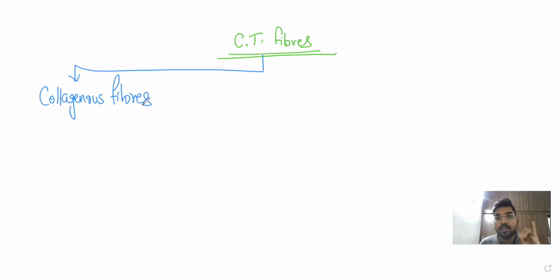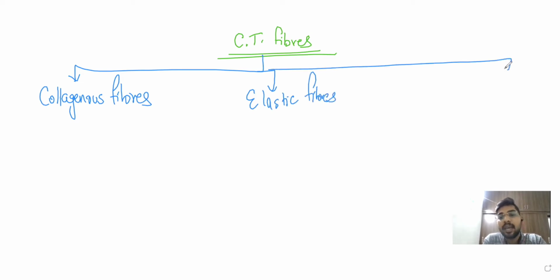What substance is used to produce these fibers? That is the first criterion. The second criterion is the texture: whether they are thin, whether they are branched or unbranched, whether they are thicker. So based on the component and the texture, they are classified into three groups: collagenous fibers, elastic fibers, and reticulate fibers.